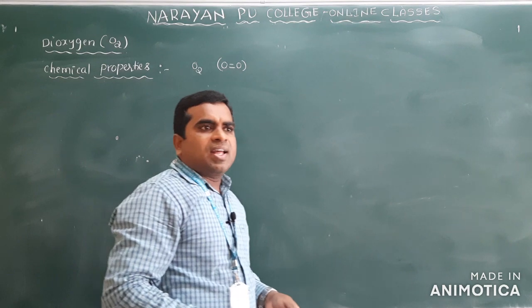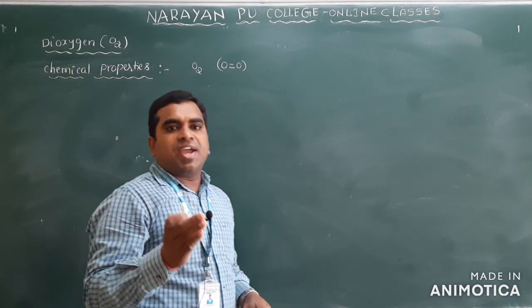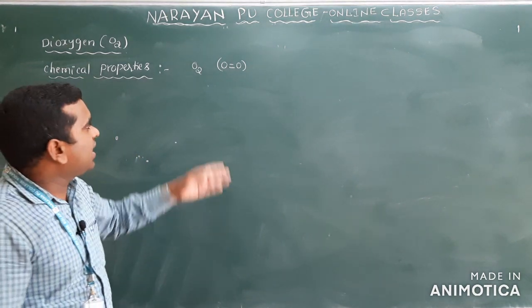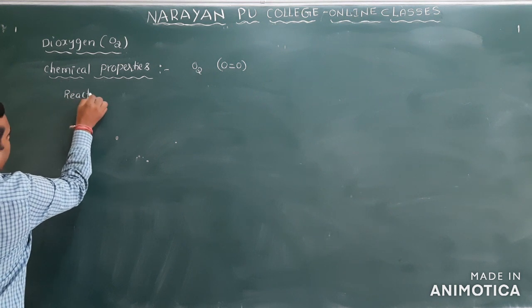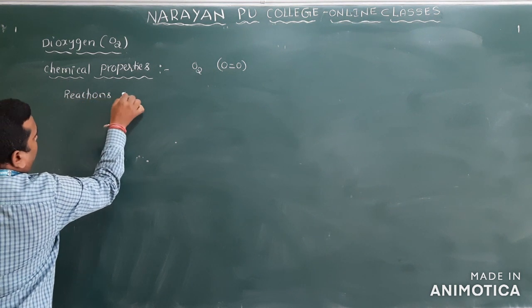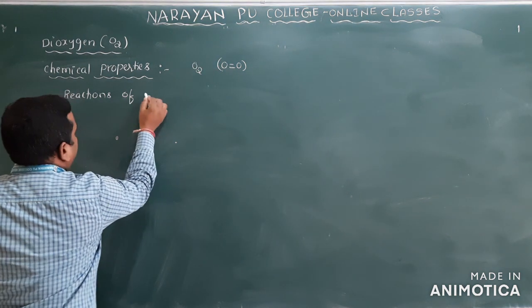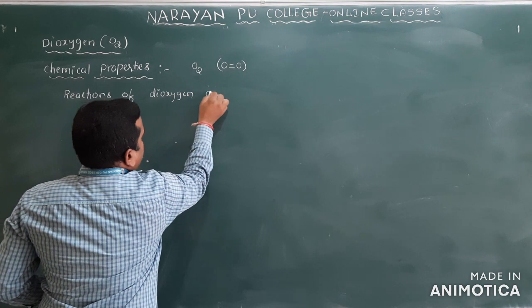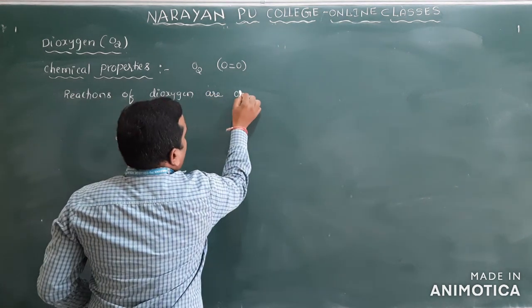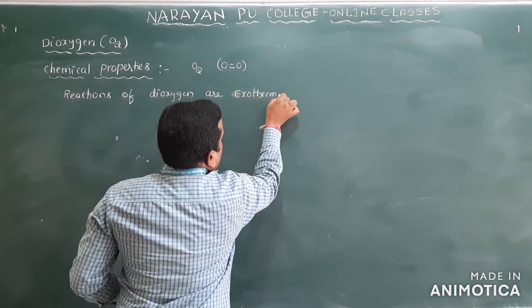So that's why the chemical reactions of dioxygen are exothermic. Write that point. Chemical reactions of dioxygen are exothermic reactions.